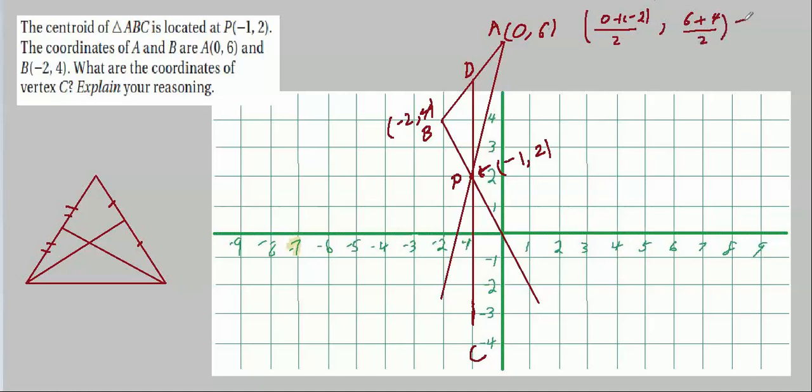And that should give us the point minus 1, 5. Just barely squeeze that in at the end there.